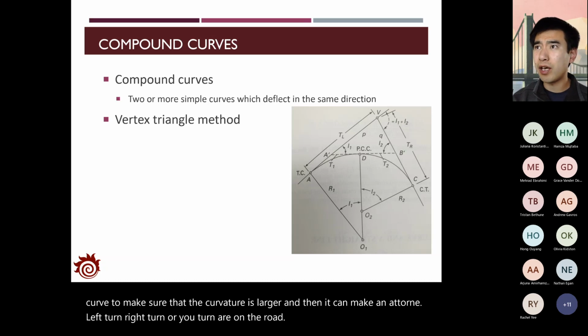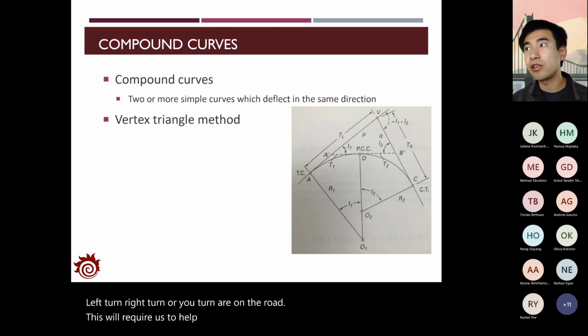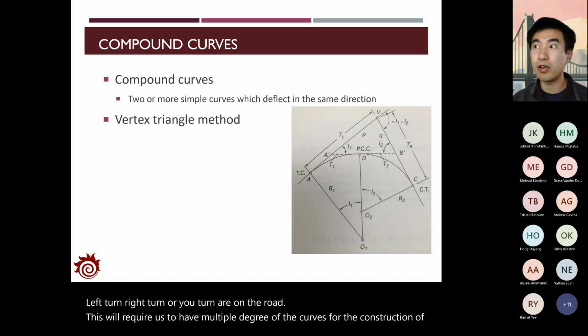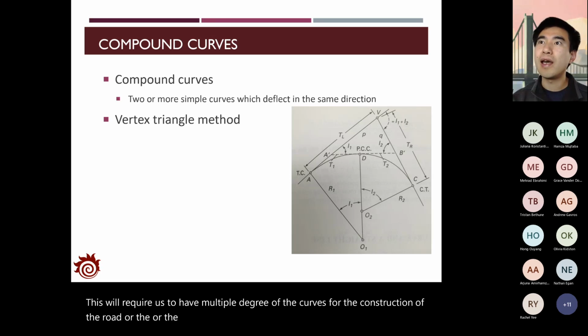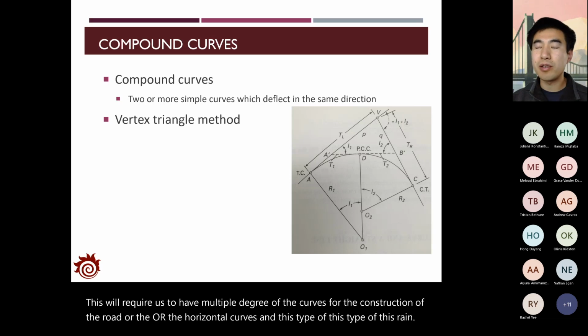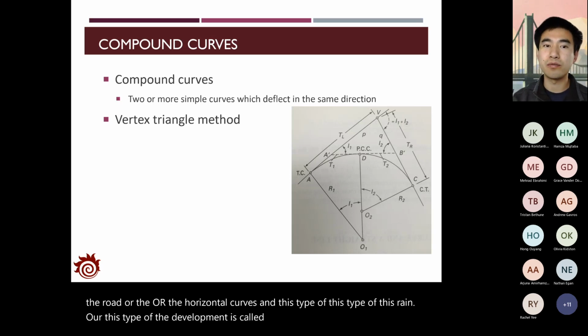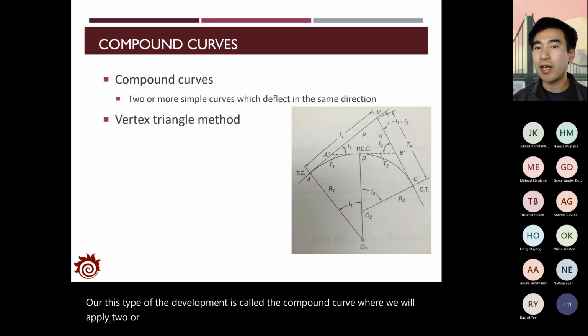This will require us to have multiple degrees of curves for the construction of the horizontal curves. This type of development is called the compound curve, where we apply two or more simple curves and connect them together to merge two straight lines.